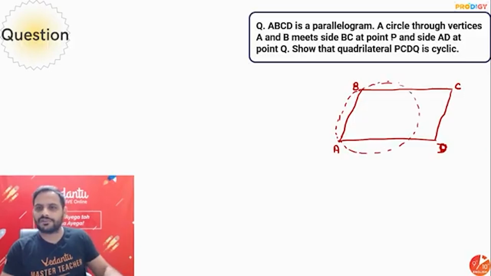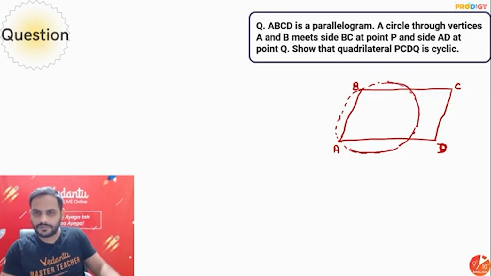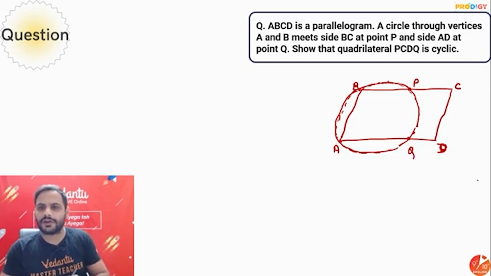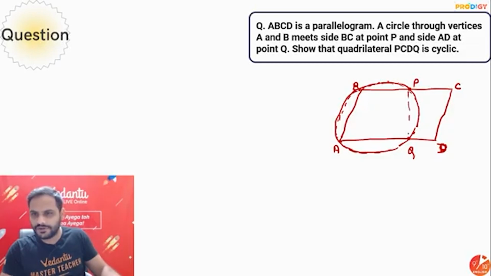This is the circle which is passing through A and B, and meets side BC at point P. So this point will be point P, and side AD at point Q. Show that quadrilateral PCDQ is also cyclic. What we need to show? That this quadrilateral PCQD is also cyclic.